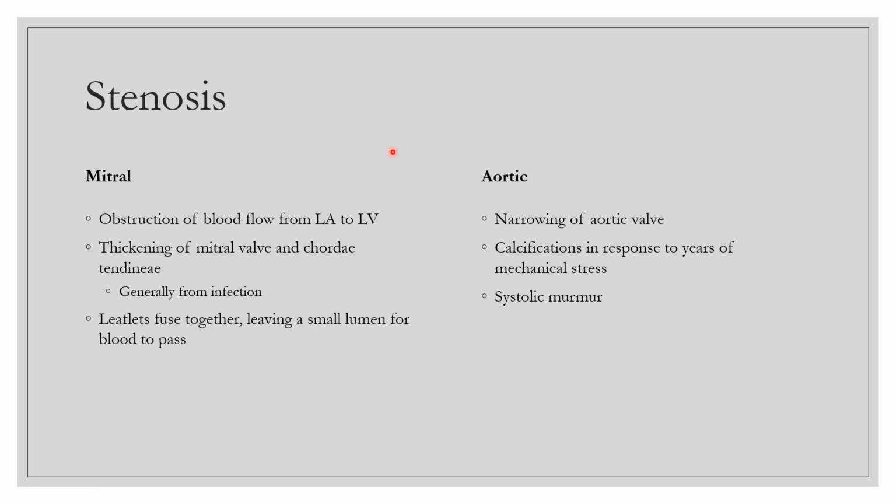Stenosis is just obstruction because we have narrowing and calcification, thickening of those valves. Okay, in our mitral valve, it's generally going to be from an infection, whereas in our aorta, it's more of a wear and tear, and just a result of years of calcium buildup from that mechanical stress of having to open and close all the time. Or with patients who have dyslipidemia or hypertension.